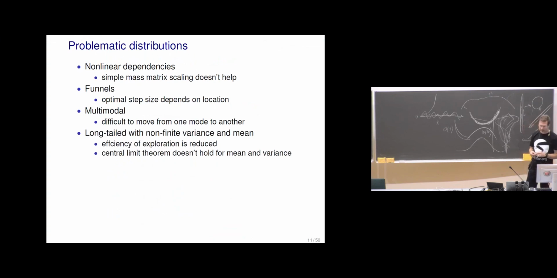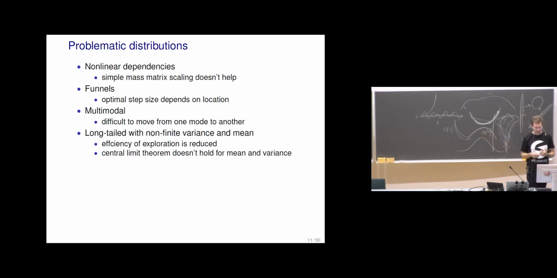Long-tailed distributions: because of this adaptive integration time in dynamic HMC, it is more likely that when it goes to the long tail it then simulates longer and it's more efficient there.